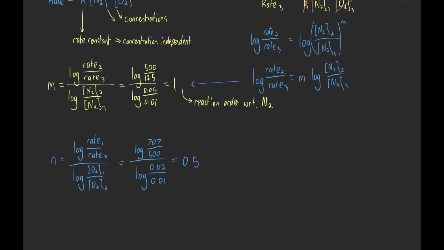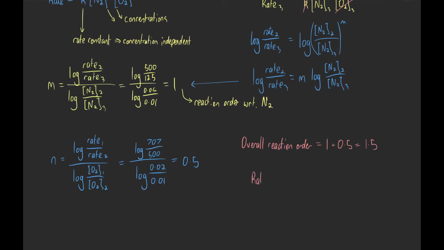What this now tells us is that our overall reaction order is equal to the sum of these, 1 plus 0.5, which is equal to 1.5.